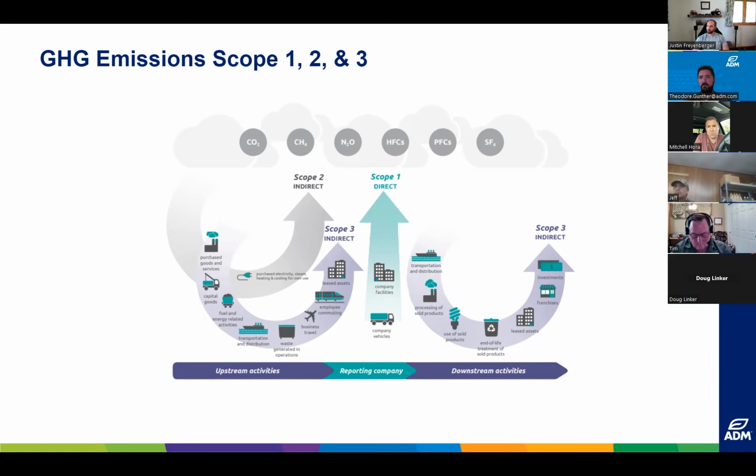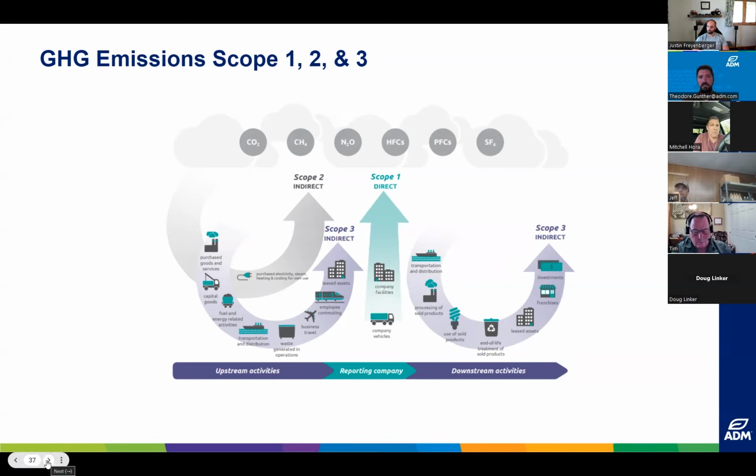So we're trying to work with our downstream customers that are looking for their scope 3 emission reductions, both our internal and farmers, and trying to incentivize reductions in the most economical way possible, and in a way that is sharing both the incentives and the benefits of reducing those with all parties involved.